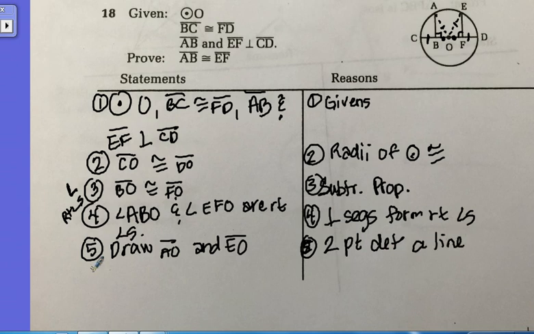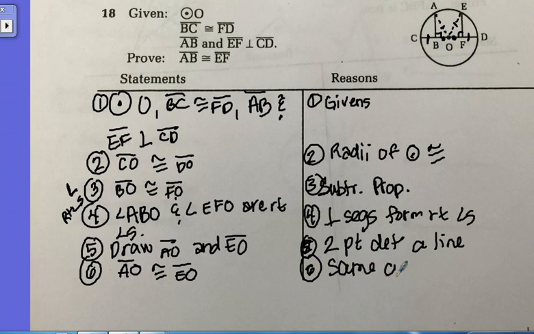That's number 5. All right, and then we can state that they are congruent, and the reason is because they're radii. So for statement 6, I'm going to say same as 2.